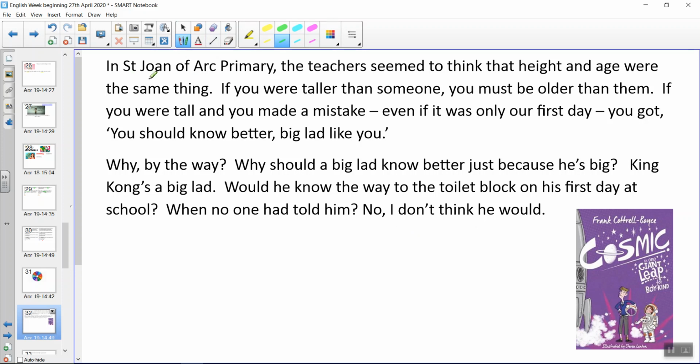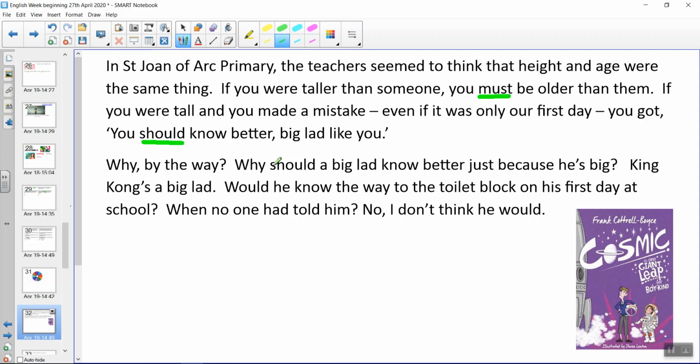Let's find them together. In St Joan of Arc Primary, the teacher seemed to think that height and age were the same thing. If you were taller than someone, then you must be older than them. If you were tall and you made a mistake, even if it was only your first day, you got "you should know better, big lad like you."